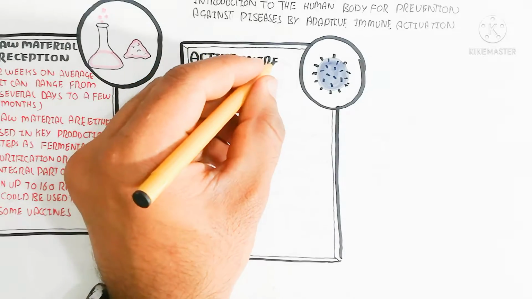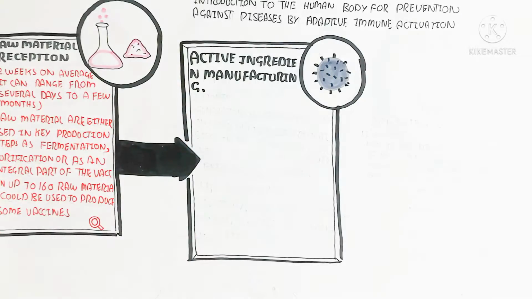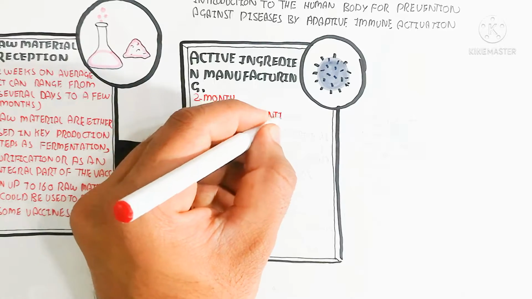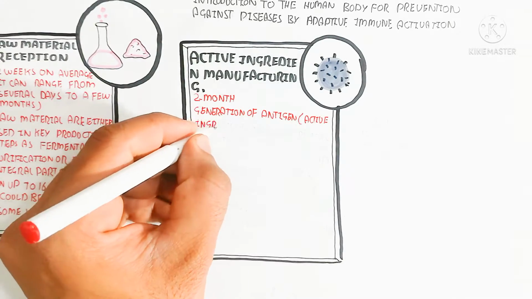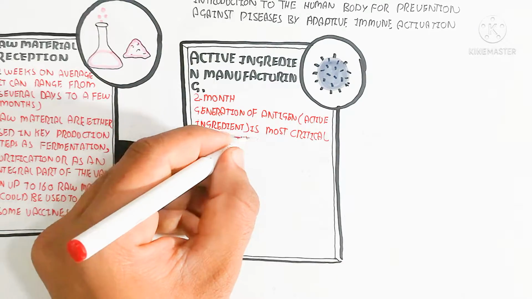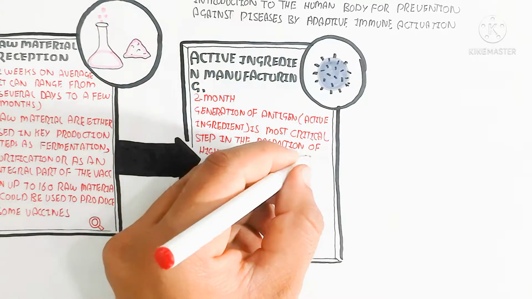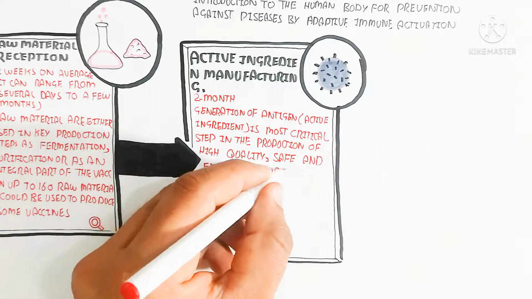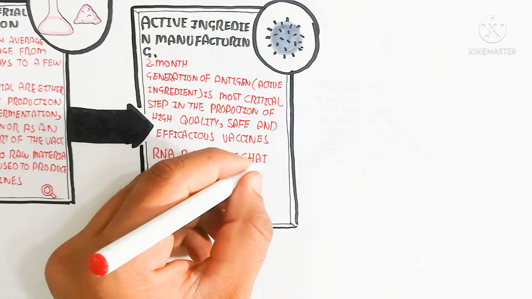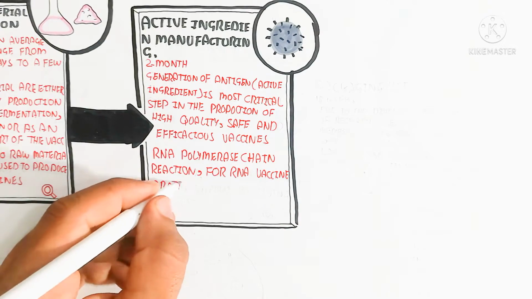Active means the manufacture of the virus, which is replicated and copied per generation for the manufacturing of the vaccine. The generation of antigen active ingredients, for example virus and bacteria, is the most critical step in the production of high quality, safe and efficacious vaccines.